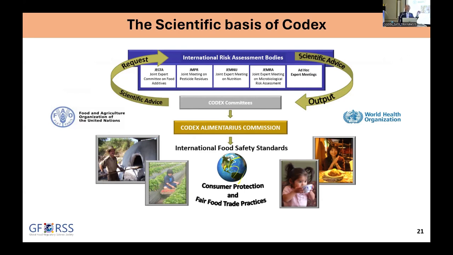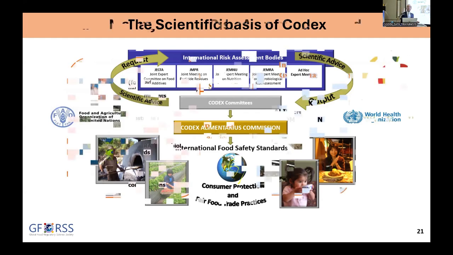But who does the risk assessment for Codex? It's those expert groups: JECFA, JMPR, GEMNU, GEMRA, and ad hoc expert meetings. Those produce the risk assessments that Codex committees will be using.